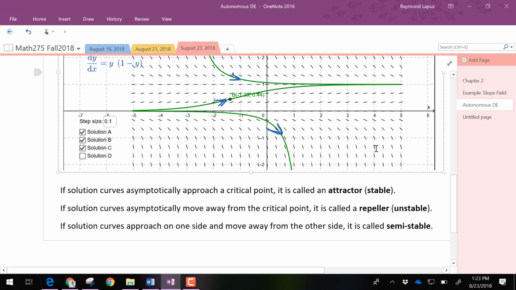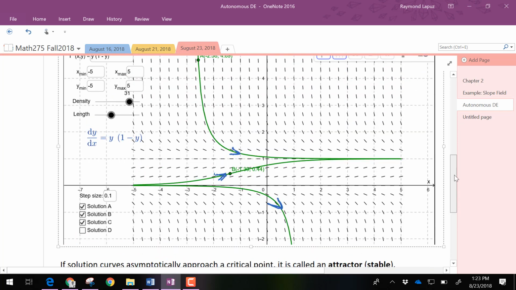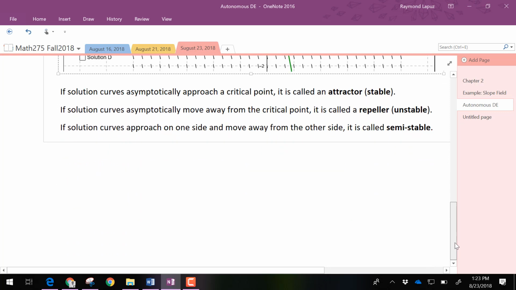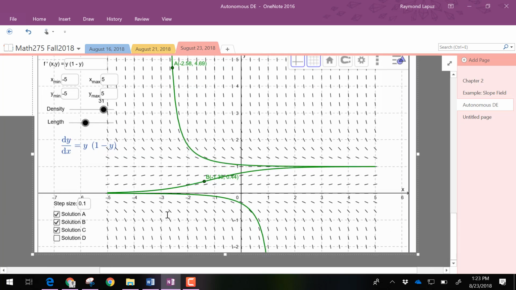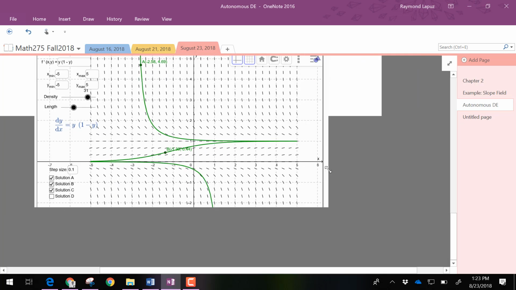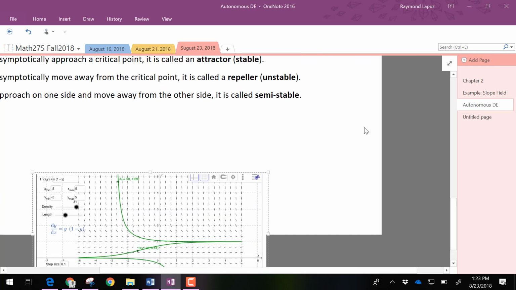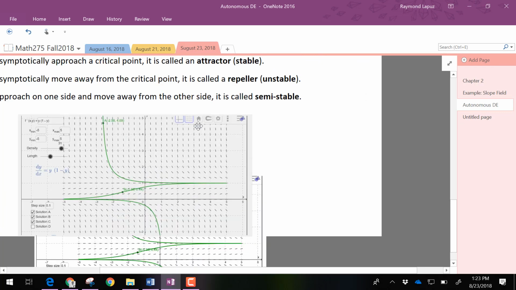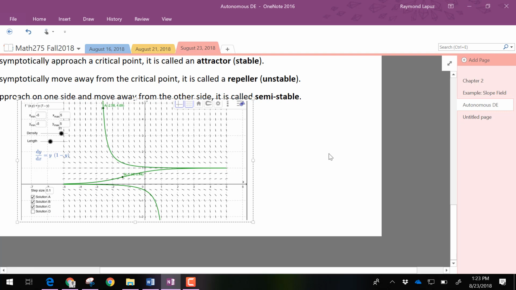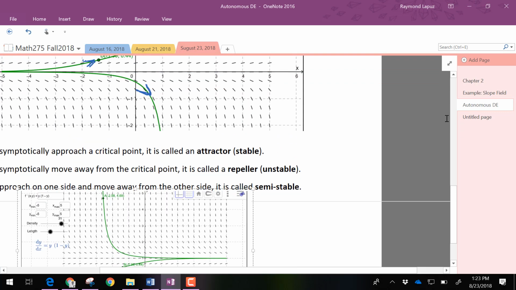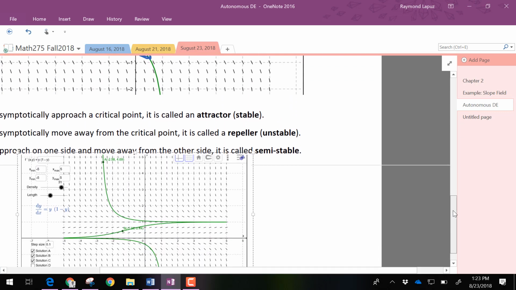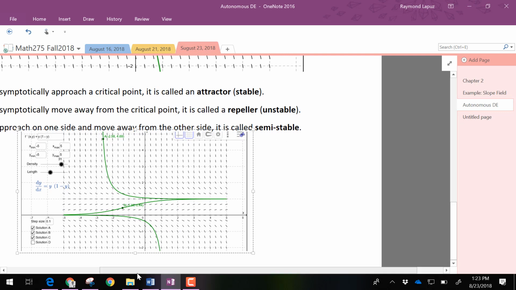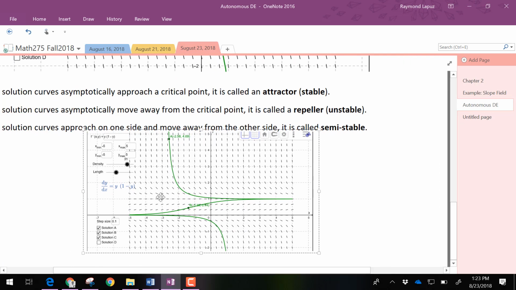So let's take a look at this picture again. Remember that in this picture, it really doesn't matter what's happening in the x direction. I'm kind of tempted to just squeeze this picture. Let's see.